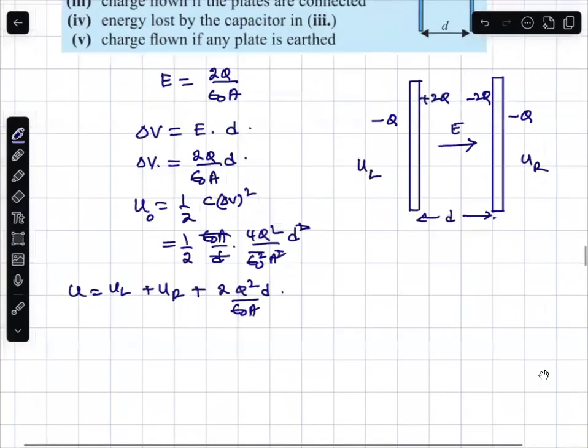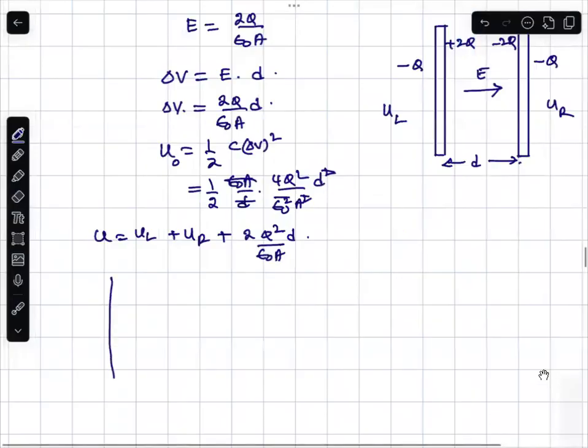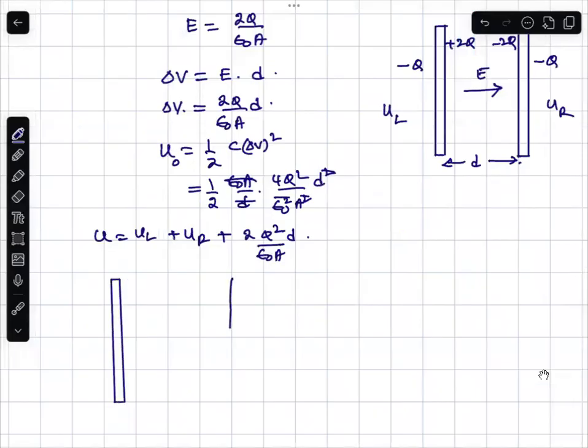Now, when you short these two plates, what's happening? There won't be any charge, and the potential remains the same. Finally, you will see only a charge minus Q on this side and minus Q on this side, and the electric field inside becomes 0.